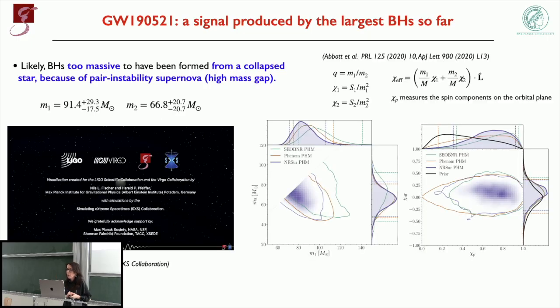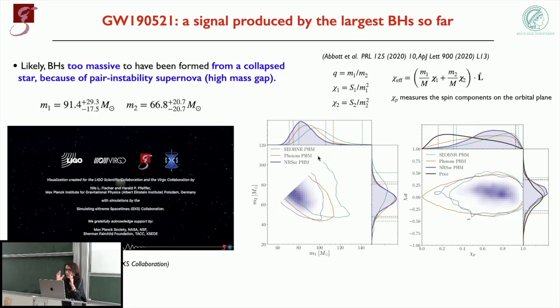Now, from the point of view of the waveforms, this is the event where the different waveform models gave more differences. So this is the reconstruction of the masses of the event with the three waveform models, SEOBNR, phenomenological, and NR surrogate, and this is the reconstruction of the spins of the two objects.